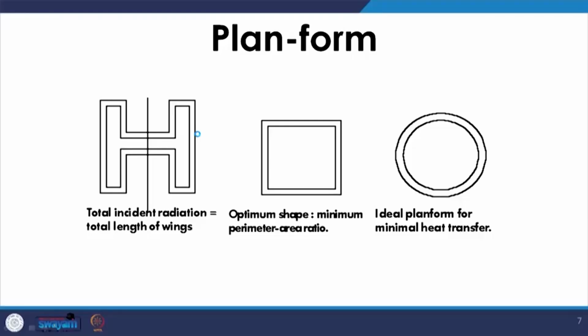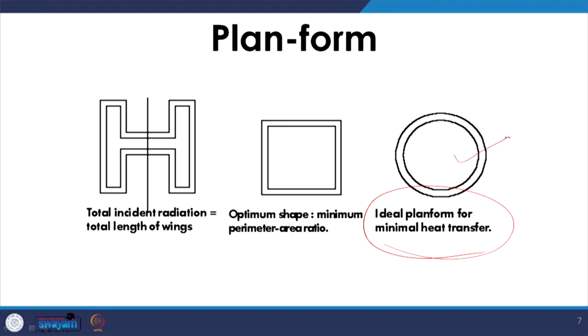In warm humid climates, on the other hand, we should have a larger perimeter to area ratio, because the larger the surface, the larger the possibility for heat transfer and air movement, air ventilation. From this perspective, if we look at different plan forms, the best plan form suited for minimal heat transfer is a circular form.